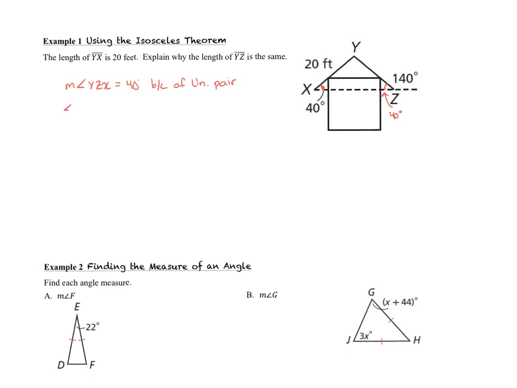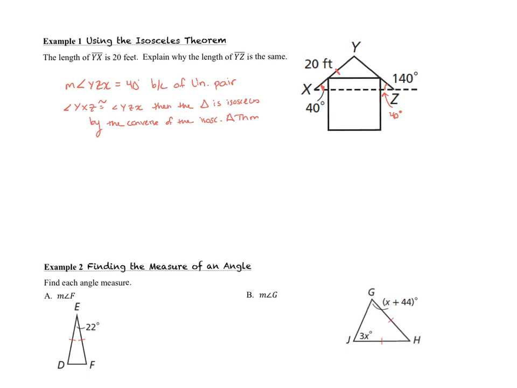So since angle YXZ is congruent to angle YZX, then the triangle is isosceles, by the converse of the isosceles triangle theorem.